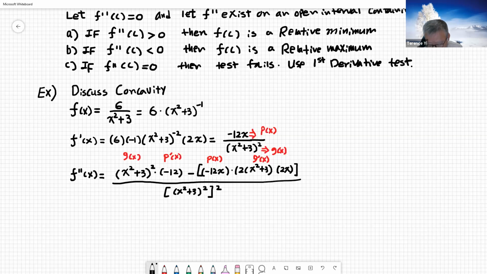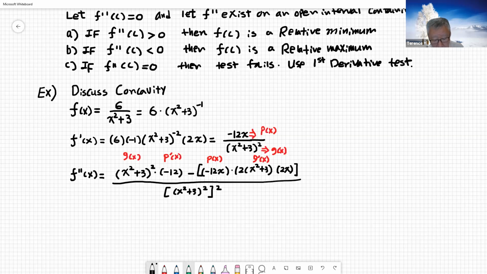Remember that, just like when you try to find the critical numbers, we are looking for the x values that make the function equal to 0, or the x value that makes the function undefined. Same thing here when you try to find the point of inflection. So the entire process that we did over here, we are trying to find the point of inflection.